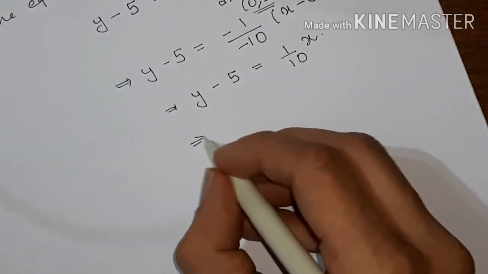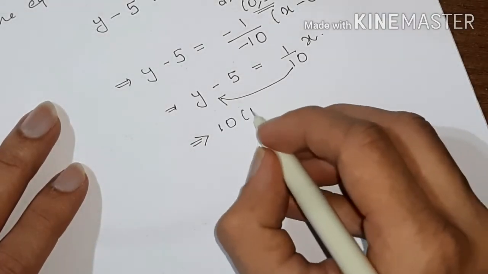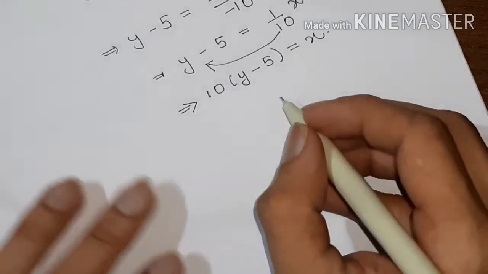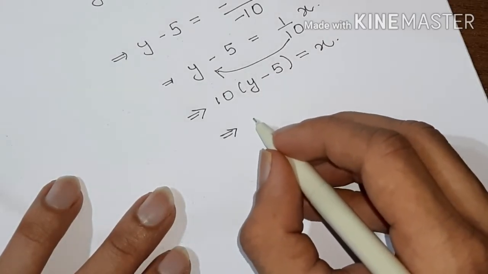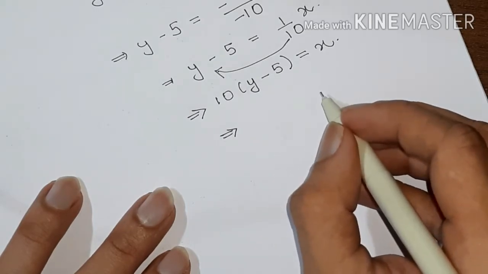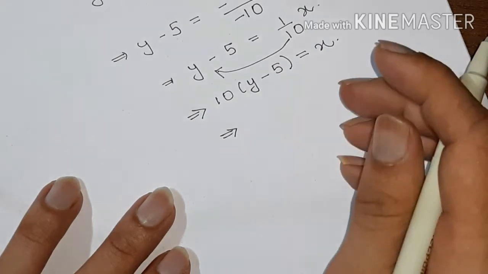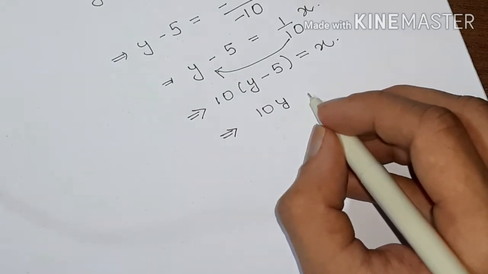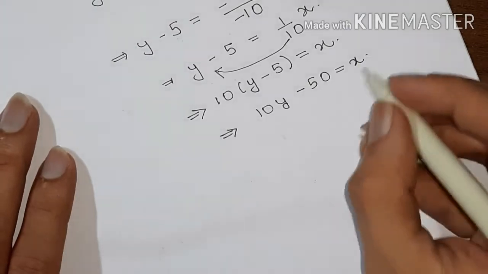If I take 10 to this side, you will get 10 multiplied by y minus 5 equal to x. Multiplying 10 inside, you will get 10y minus 50 equal to x.